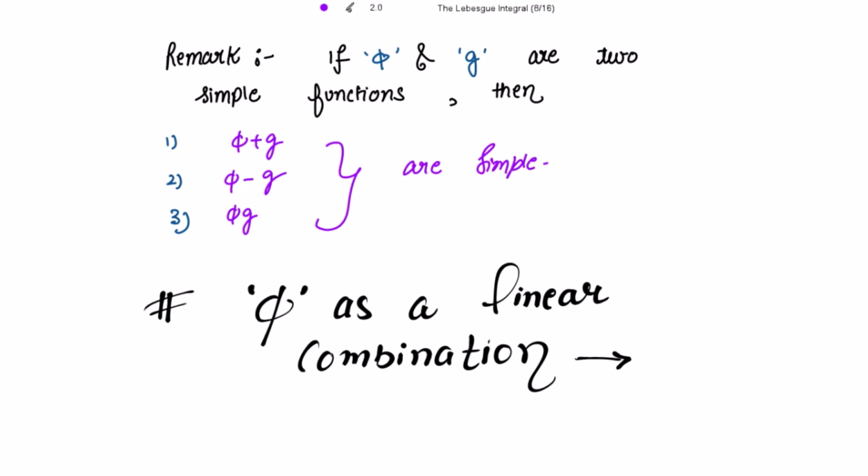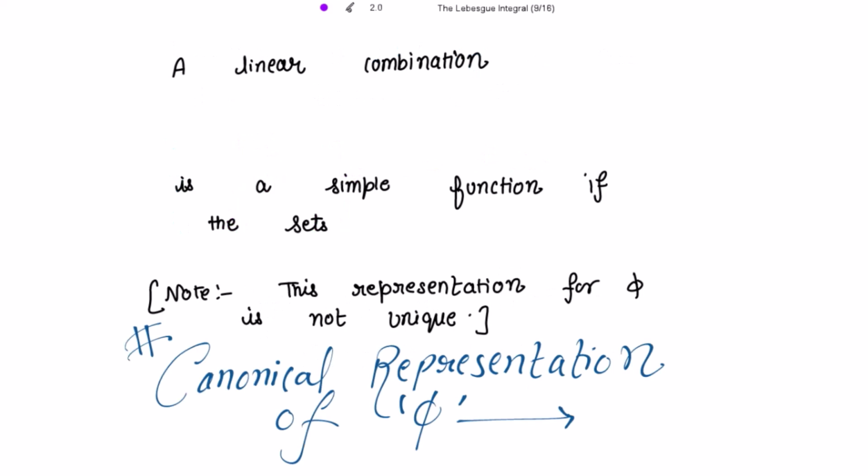Now writing phi as a linear combination, phi x equal to summation a i, that is the values of phi, multiplying with chi E i of x, with i going from 1 to n. This linear combination is a simple function if the sets E i are measurable. Please note, this representation for phi is not unique.